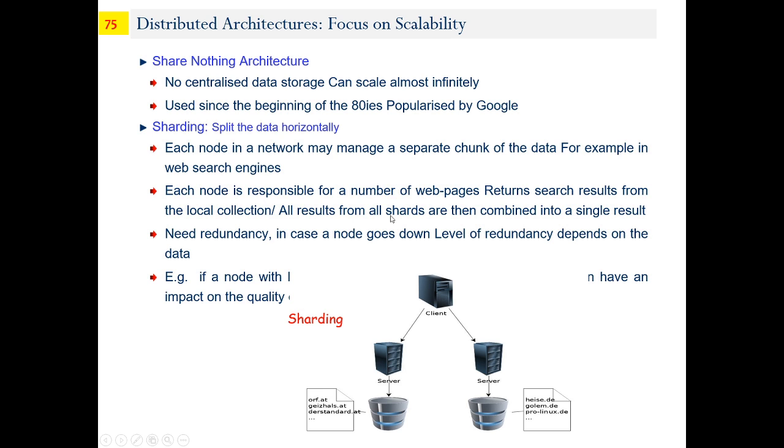And let each node process the shards, and then combine it into a single result. So remember the term sharding, isn't it, when you are speaking about distributed architecture, where the client has to do, and it is the beginning of 1980s, popularized by Google again, isn't it?